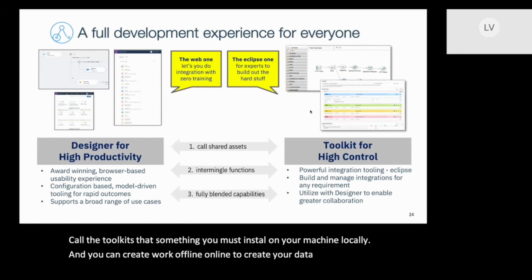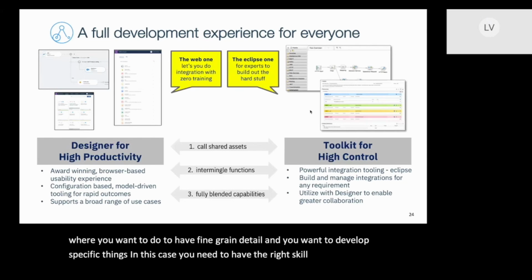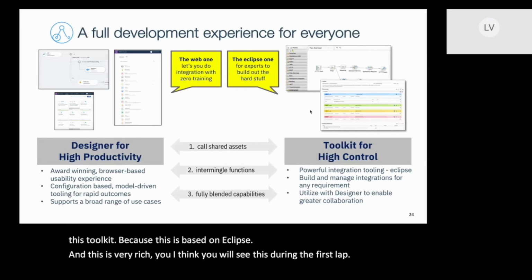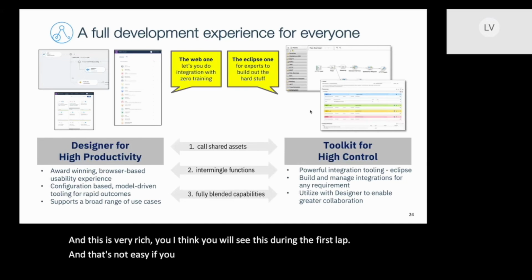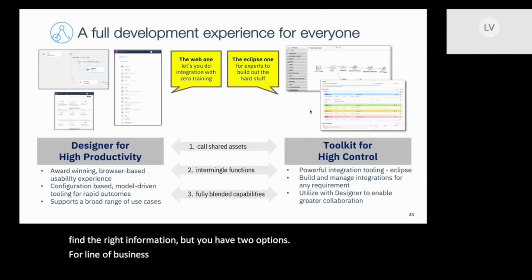This is where you want to have fine-grained detail, and you want to develop specific things. You need to have the right skill to use this toolkit, because this is based on Eclipse, and this is very rich. I think you will see this during the first lab. And that's not easy if you are not aware of the usage of this toolkit to find the right information. But you have two options, for line of business and for developer, and you leverage App Connect.